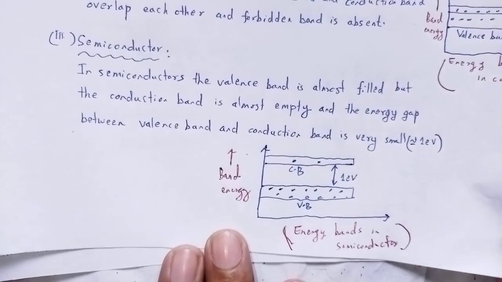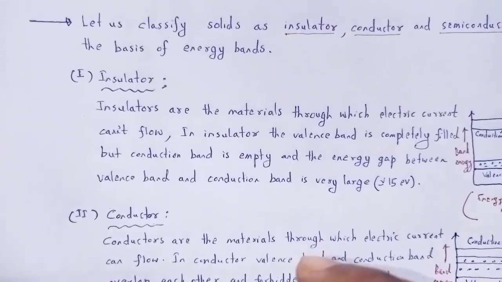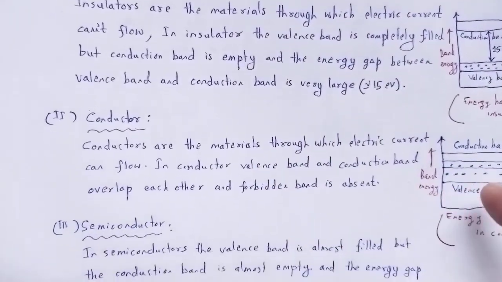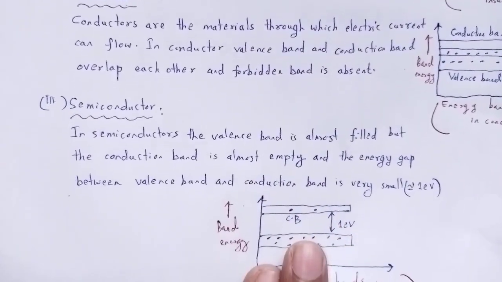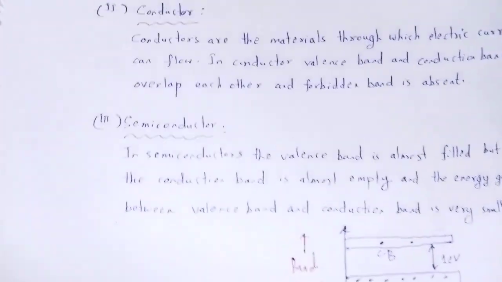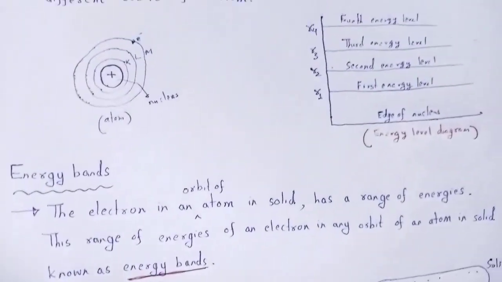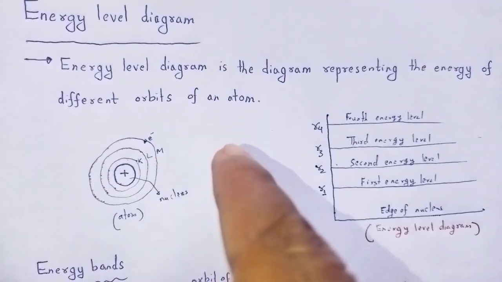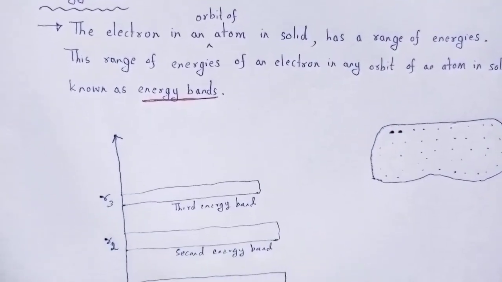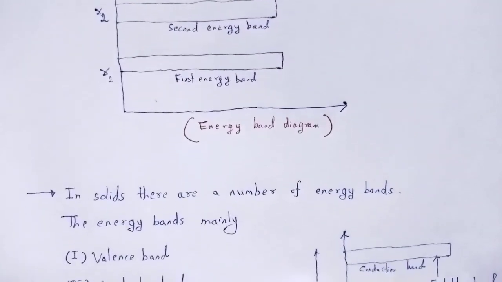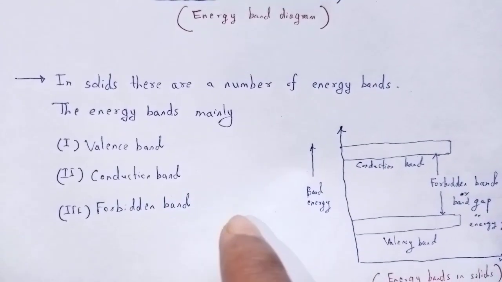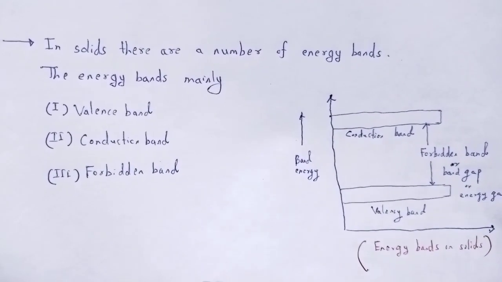So on the basis of the energy bands, we classify solids as insulator, conductor and semiconductor. So with the help of this video lecture, we understand the concept of energy level diagram, energy bands, various types of energy bands as valency band, conduction band and forbidden band.